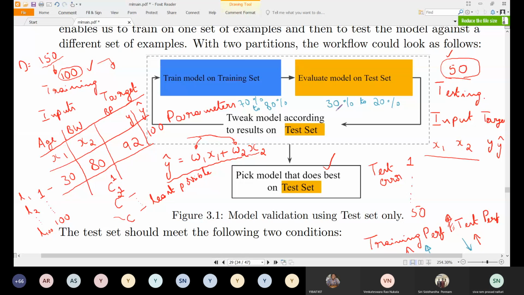So the given data set, which consists of both input and labels, should be partitioned into two disjoint subsets. The first partition should contain nearly 70 to 80% of the data, which is called training, and the second partition should contain around 30 to 20% of the data, which is meant for testing.